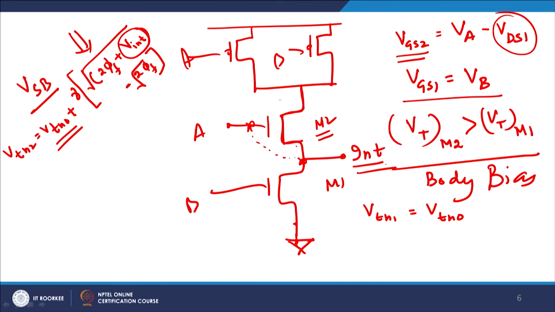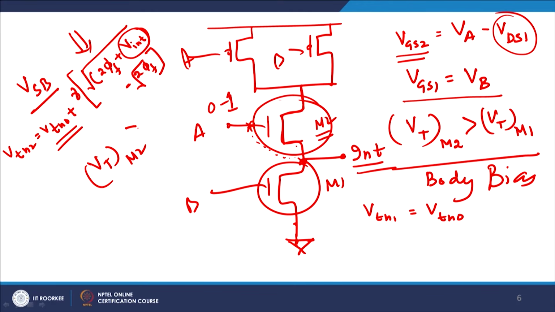So my final application is that when you have B equals 1 and A goes from 0 to 1, you introduce a larger threshold voltage MOSFET above a lower threshold voltage MOSFET. So, VT of M2 is always larger as compared to VT of M1 under this particular criteria.